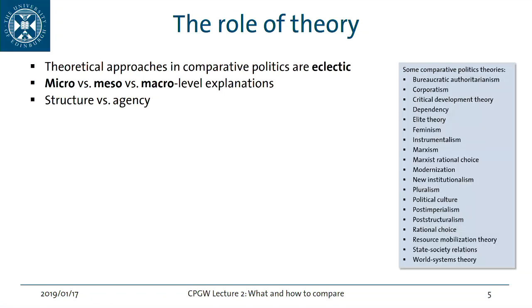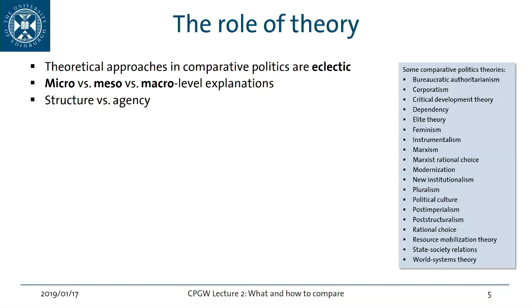So in comparative politics, normally our theoretical approaches are quite eclectic. Eclectic means it draws from many different sources. So we're thieves, is the simpler way of putting this, meaning we like to borrow theories from all over the place. Sometimes from other political science disciplines, sometimes from other disciplines altogether, from psychology, from economics, and so on.